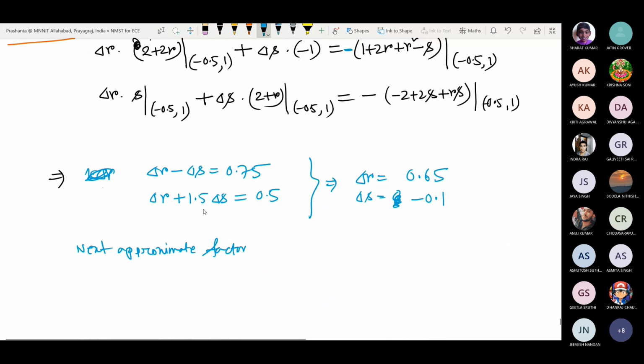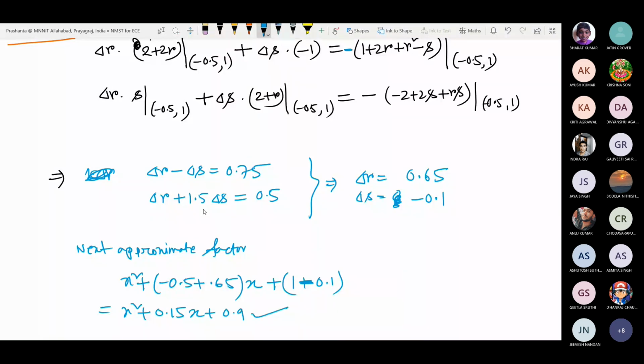So next approximate factor is x square plus minus 0.5 plus 0.65 x plus 1 minus 0.1. So that will be x square plus 0.15 x plus 0.9. So this is the next approximate factor after first iteration.